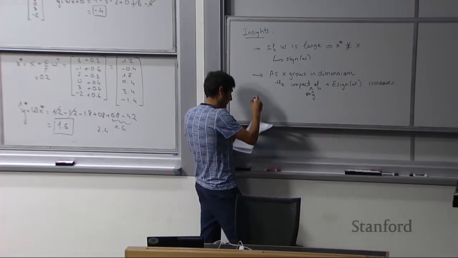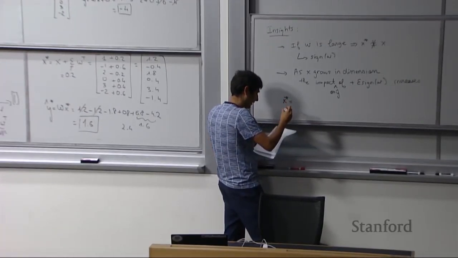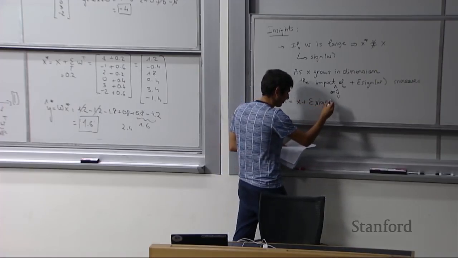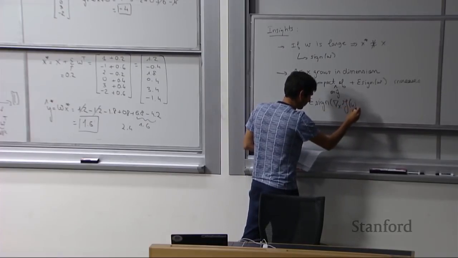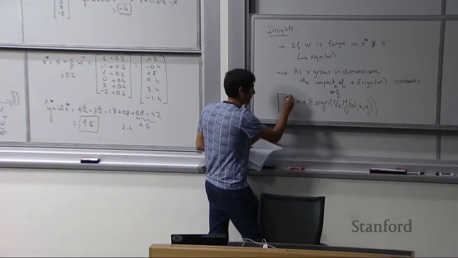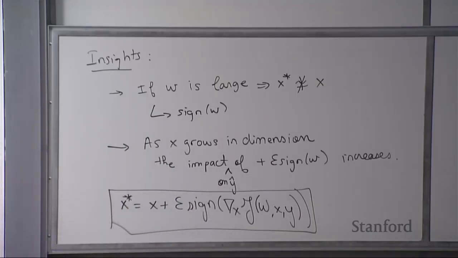So just to conclude, what we're going to count as a general way to generate adversarial examples is this formula. This is going to be a fast way to generate adversarial examples.